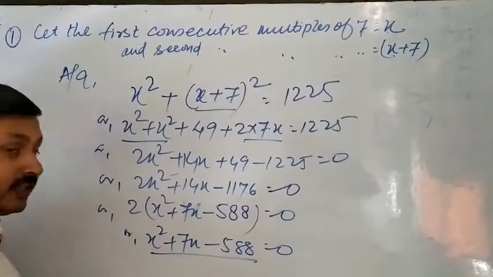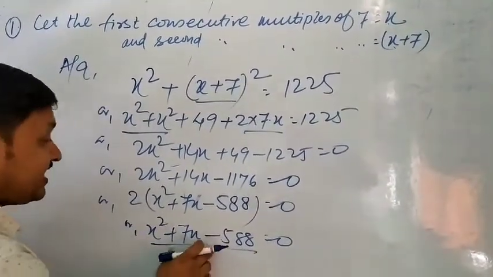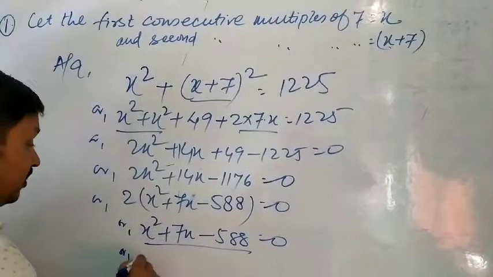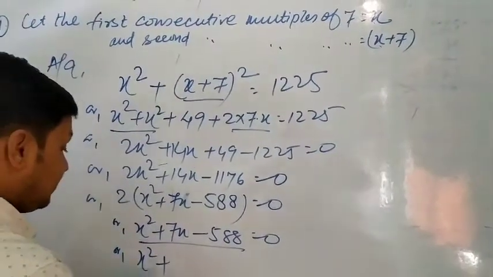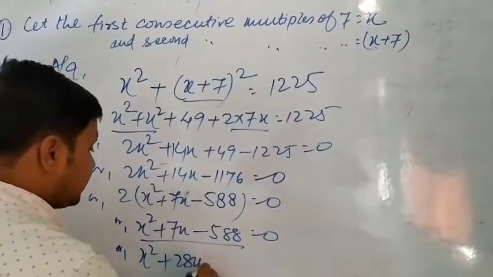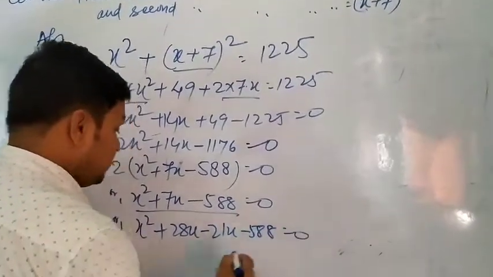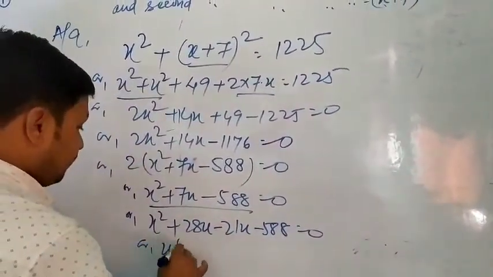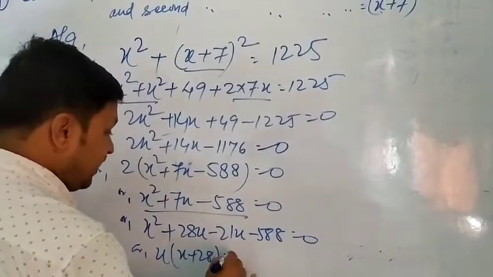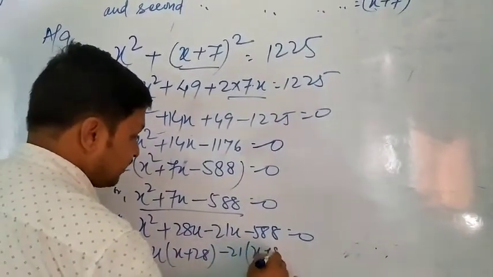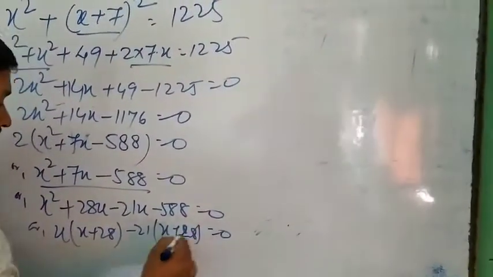In this way you know how to factorize these quadratic equations. So x square plus 28x minus 21x minus 588 equals 0. That gives x(x plus 28) minus 21(x plus 28) equals 0.